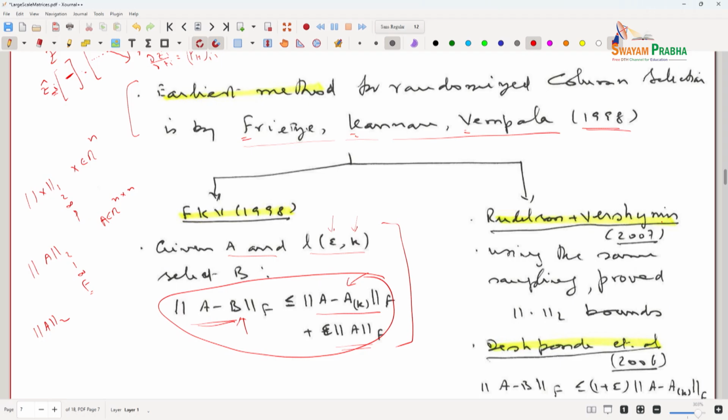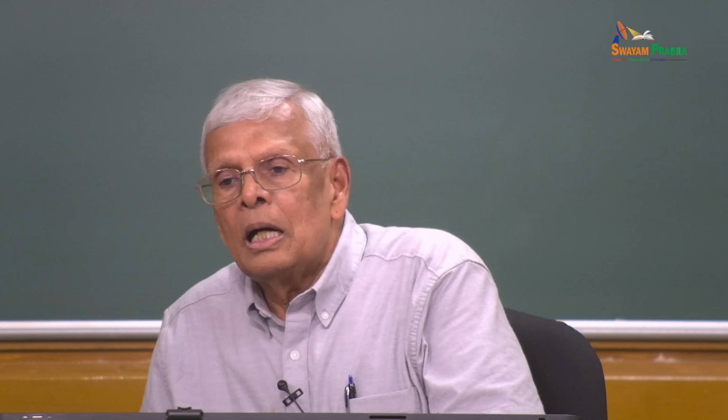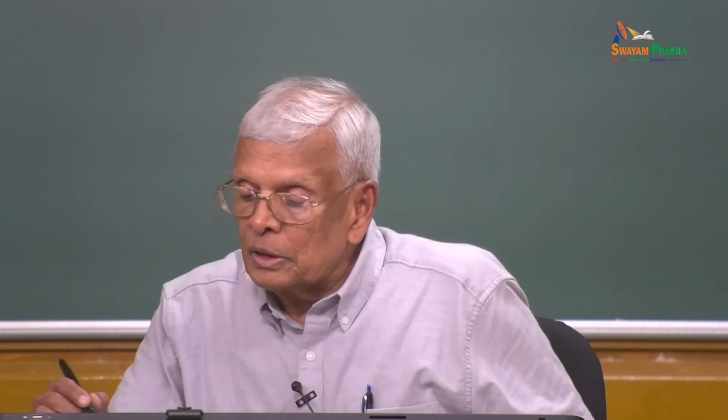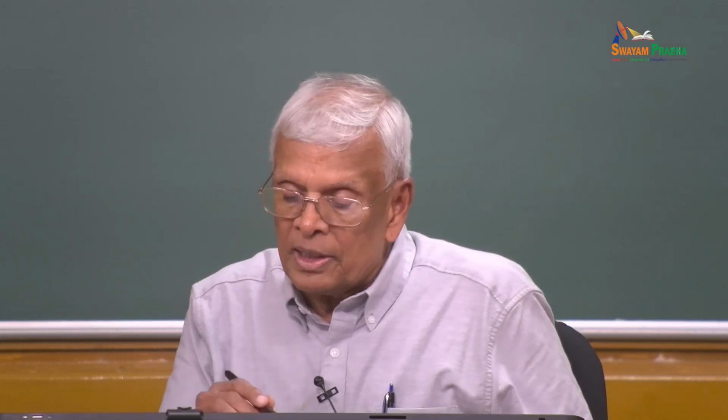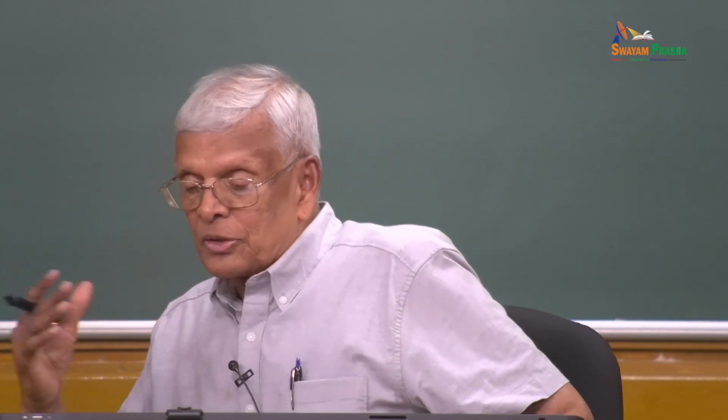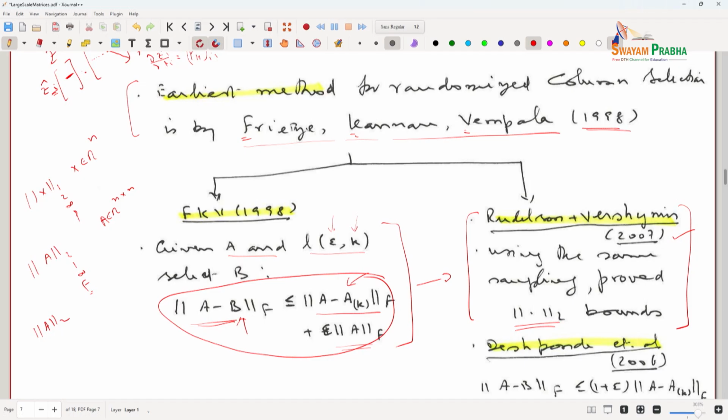Drineas and Vershynin in 2007, using the same sampling method, proved similar results using 2 norm. As I told you, the 2 norm is the smallest of all the other norms. So if I can provide an upper bound based on the smallest norm, you get the strongest possible error bound. So this is an improved result over the earlier one. This improvement came about a decade or so later.